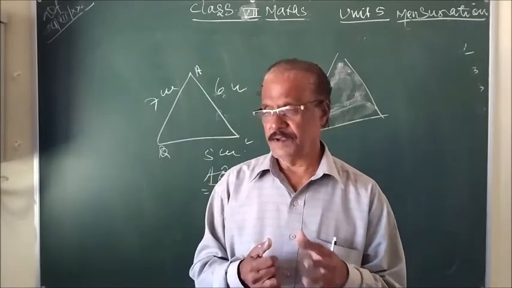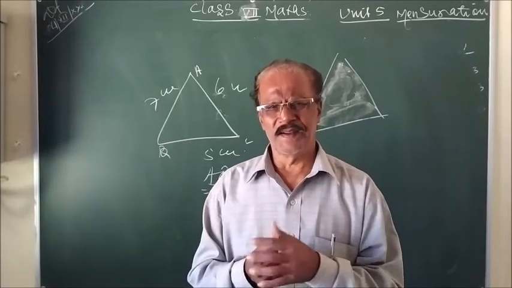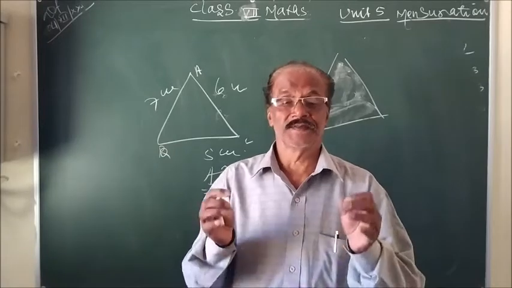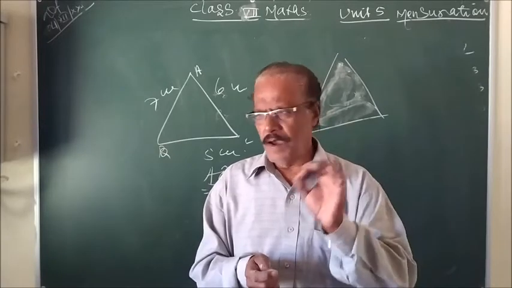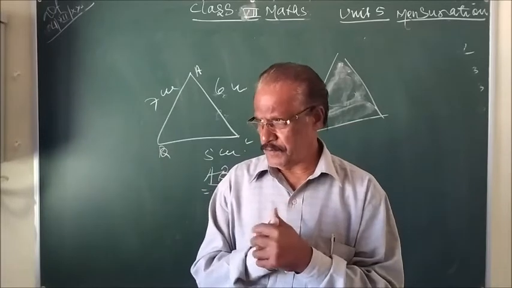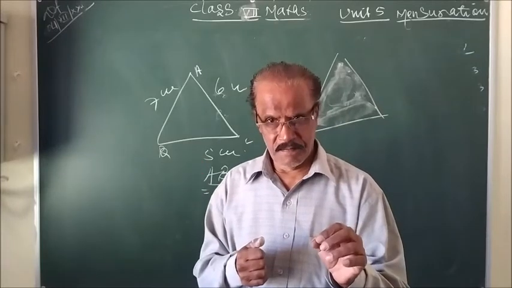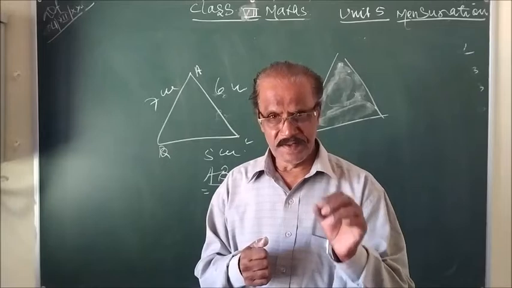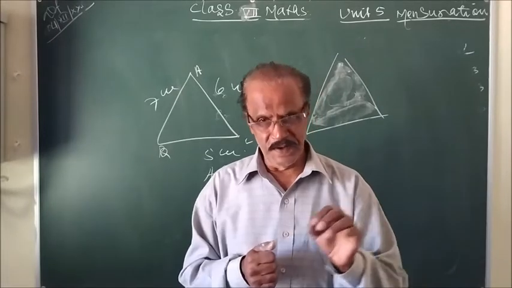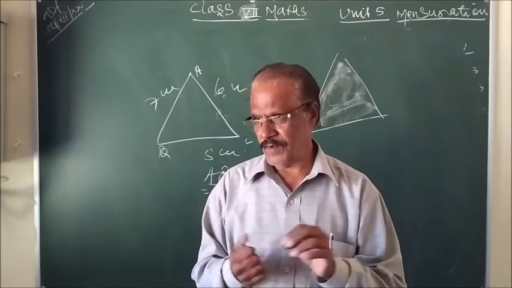First, learning is important, but not so important. You should try to understand the concept. I would like to end by saying to all of you that the perimeter of any figure means the sum of the measures of all the sides, whether the number of sides is 3 or 4 or 5 or 6.